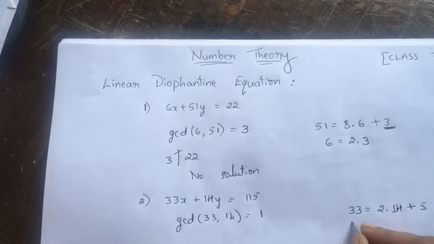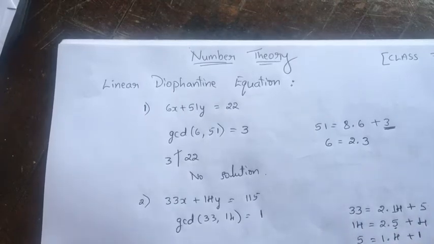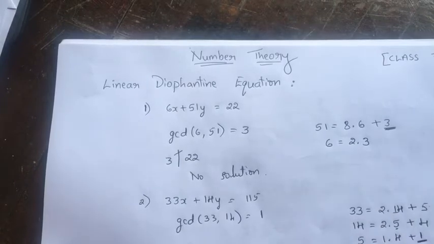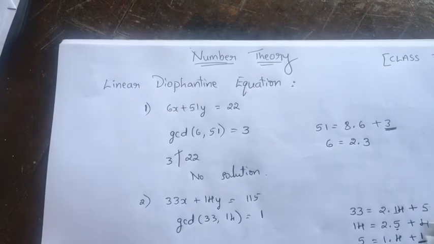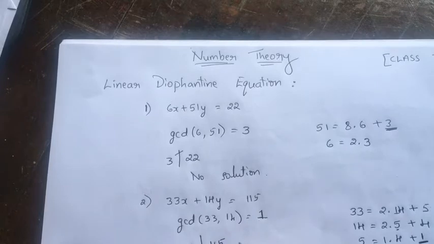Then write 14 as 2 into 5 plus 4. Then 5 can be written as 1 into 4 plus 1. And then 4 is nothing but 4 into 1. The last non-zero remainder is the GCD. Therefore, 1 is the GCD, and of course, 1 divides 115. So, a solution exists.